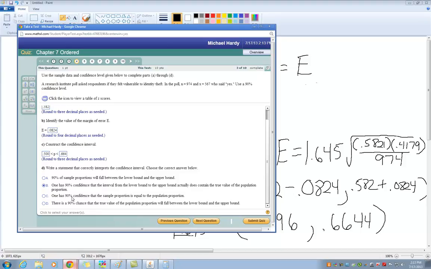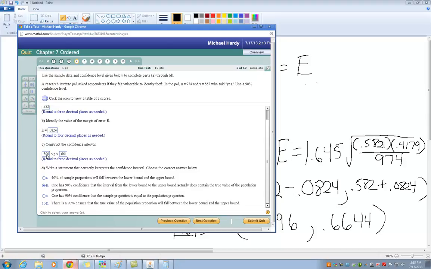One has 90% confidence the sample proportion is equal to the population proportion? No, it's almost never equal to the population proportion. There's a 90% chance, again, chance and confidence, usually, that the true value of the population proportion will fall between the upper and lower bound. This is a little bit of statistical political correctness here, but people insist this is wrong, and here's why.